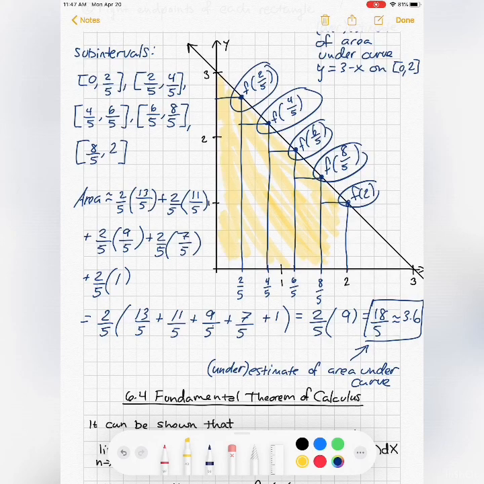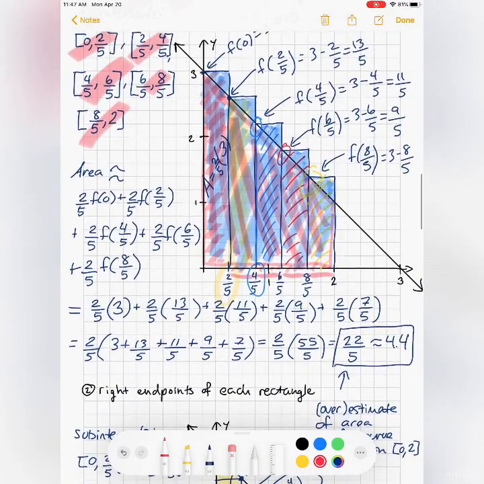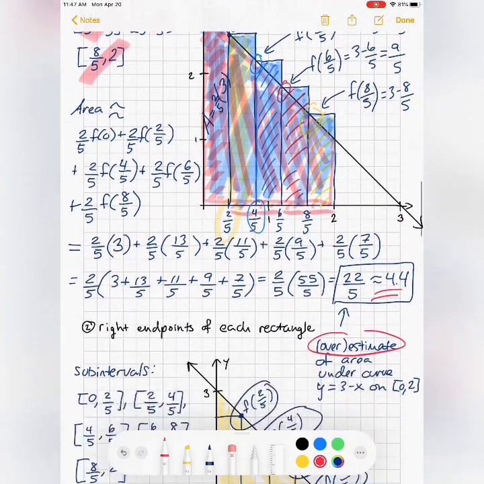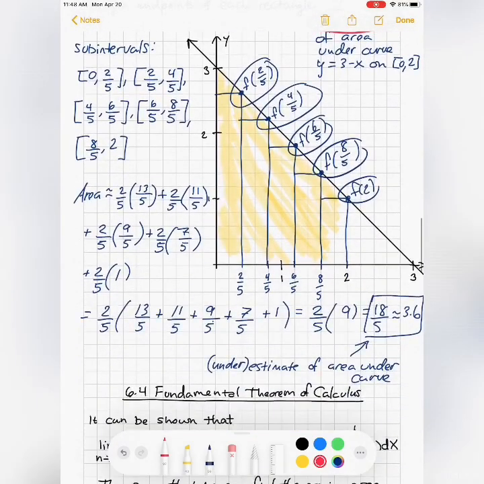So I guess, what could I conclude? So up here I found an overestimate of the area to be 4.4. Here I found an underestimate of the area to be 3.6.